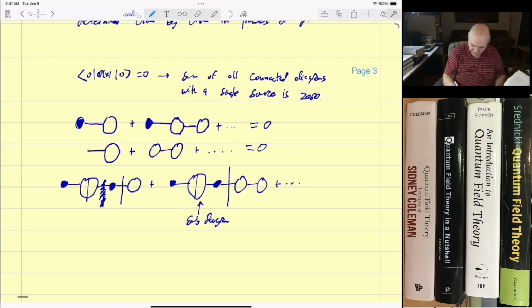We're going to have some kind of blob. This is the subdiagram, and we can disconnect it from our series, all these other diagrams with the single source.